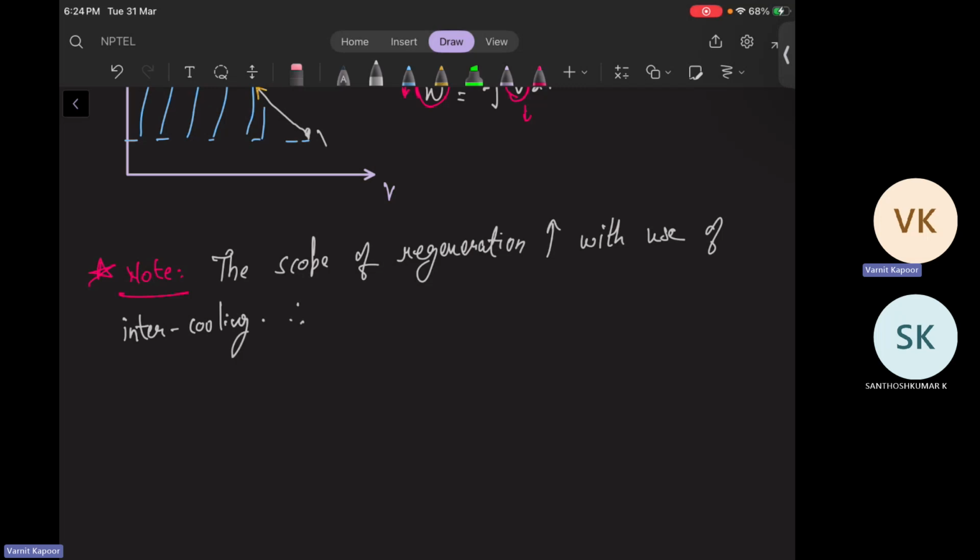Therefore, intercooling is generally coupled with regeneration.